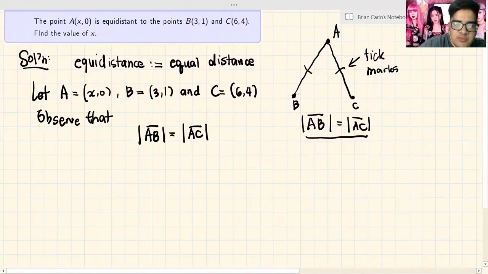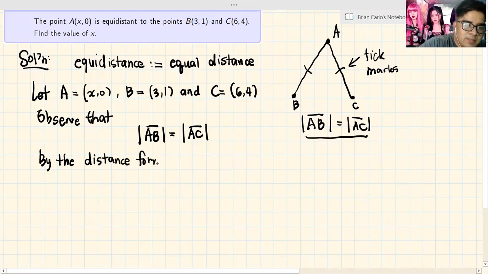Ngayon, pwede nating gamitin yung distance formula.